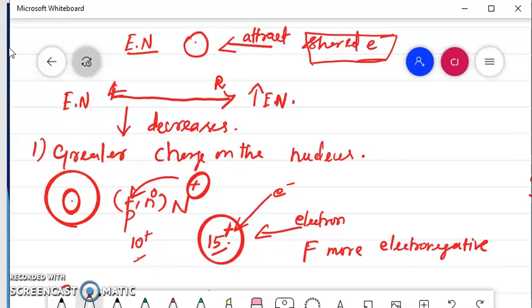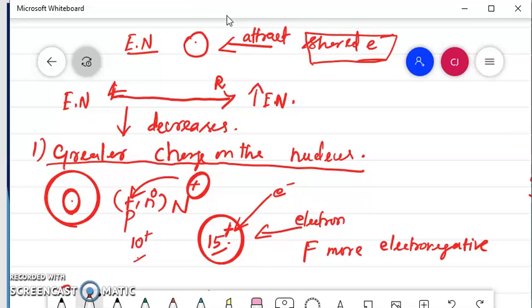Why does it increase across a period and decrease down a group? The reason is the greater charge on the nucleus. Consider this is the atom, and this is the nucleus. In the nucleus, the proton and neutron are held together.